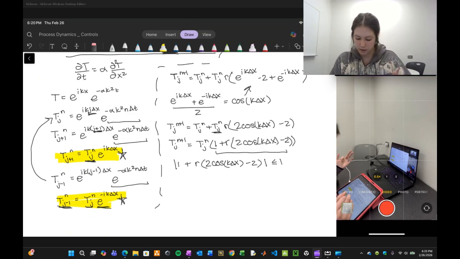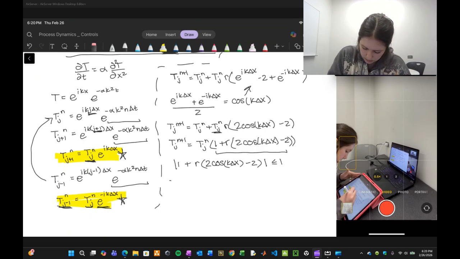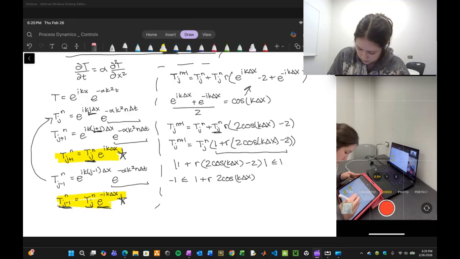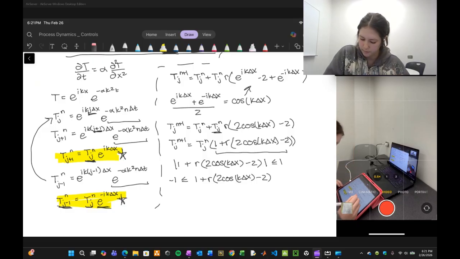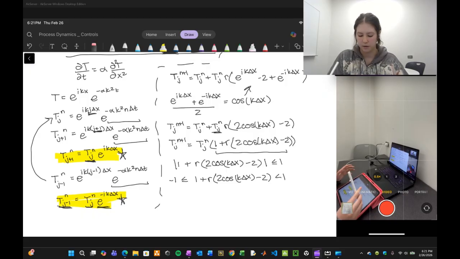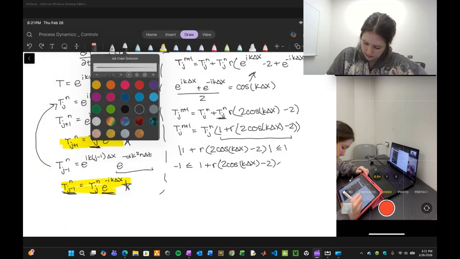So the regular term here cannot be less than negative 1 or greater than 1.